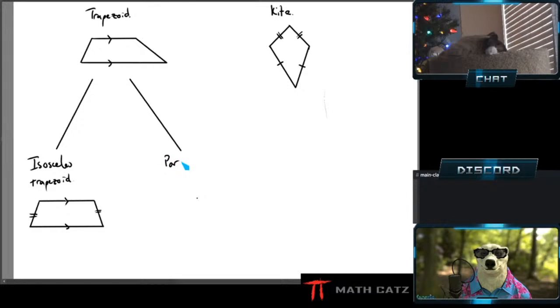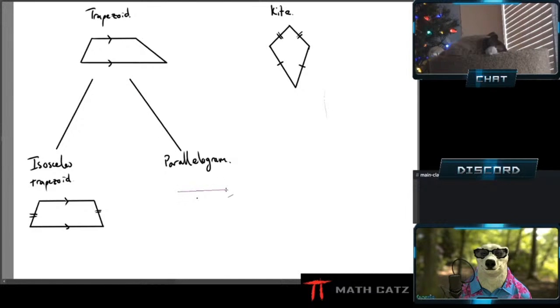And the one you should be more familiar with is a parallelogram, where I require the trapezoid. It's a special kind of trapezoid. The trapezoid said only one pair of opposite sides needs to be parallel.